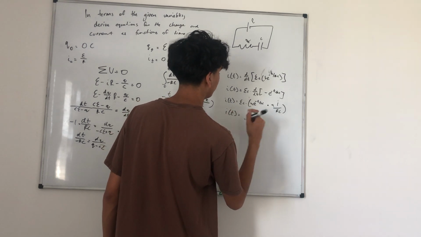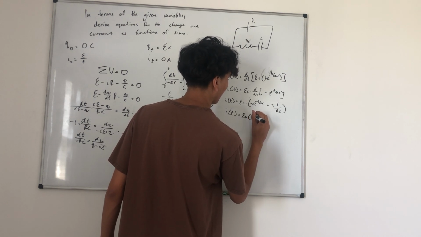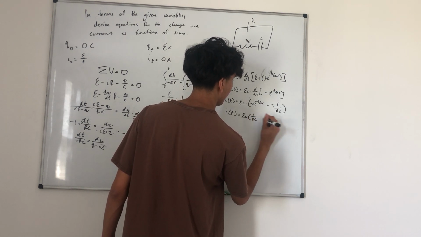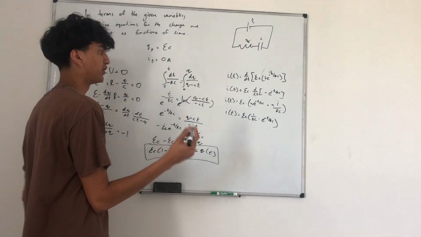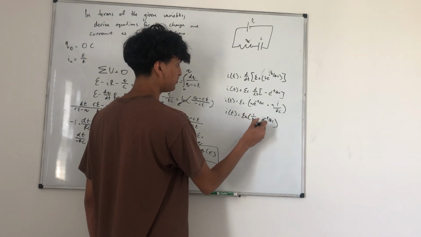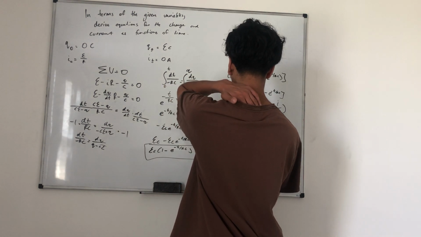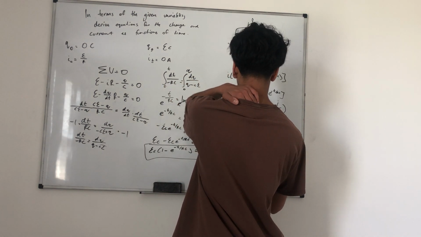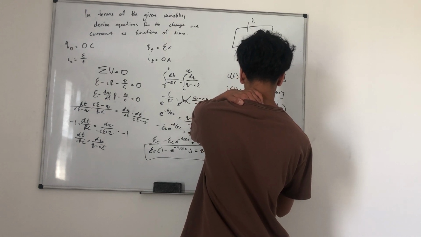It's equal to EMF times C times 1 over RC times e to the negative t over RC. But guess what? When you multiply EMF times C by 1 over RC, those C's drop. So you're just left with I of t equals EMF over R times e to the negative t over RC.